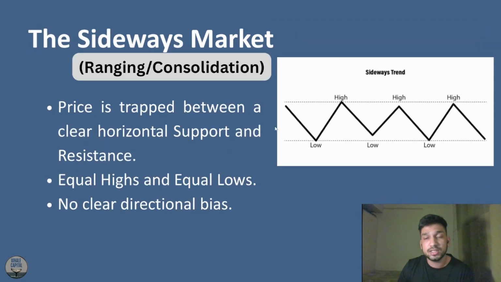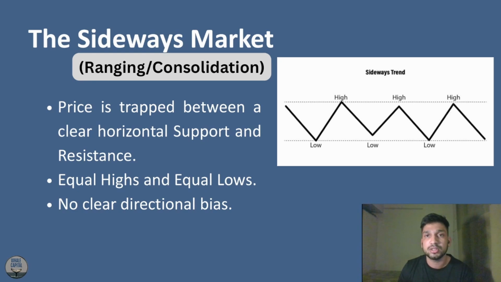This is what we call ranging or consolidation. This usually happens after an uptrend or after a downtrend, and 70%, or I would say 60%, of the time the market is in a sideways trend. There is a specific band, and the price moves between it. This is where buyers and sellers have almost equal strength.